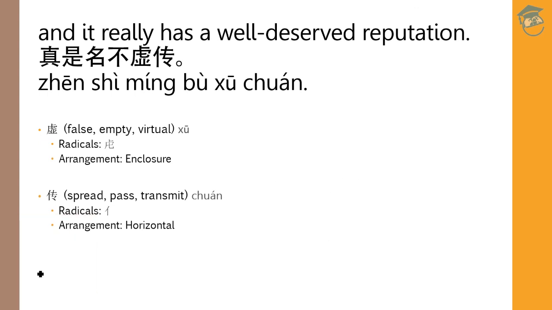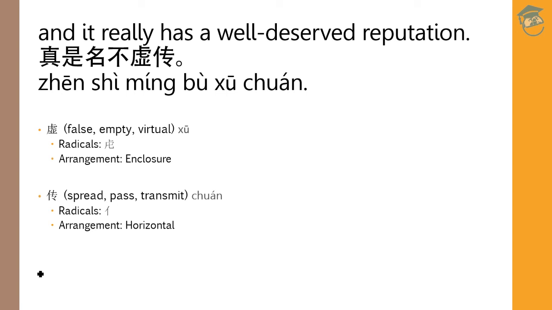Okay, let's look at the whole sentence. 真是, as you have already know, it means really. Because 真 is real or true, 是 is, so it just means that it is really or truly. Okay, 名不虚传 is quite a difficult phrase because it is an idiom.